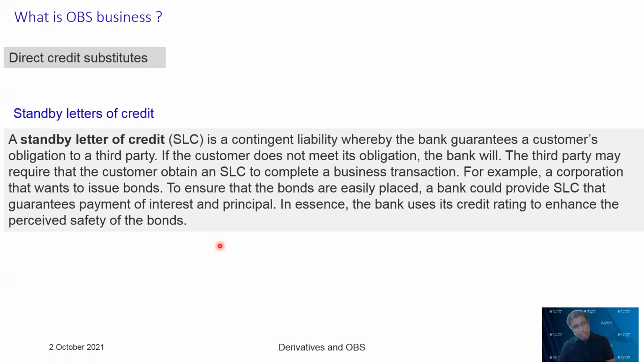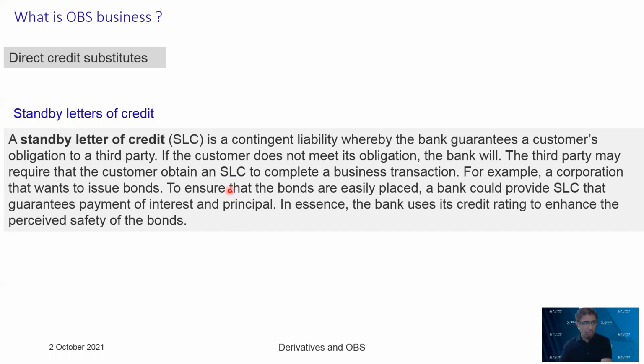Now, meanwhile, this is actually off-balance sheet. When you issue this guaranteed standby letter of credit, it's off-balance sheet. But later on, when it matures and the payment comes, if the corporation, which is the issuer, pays, there is no issue. But if they don't pay, on default, then this off-balance sheet amount of the guarantee will move and become a liability on the balance sheet.